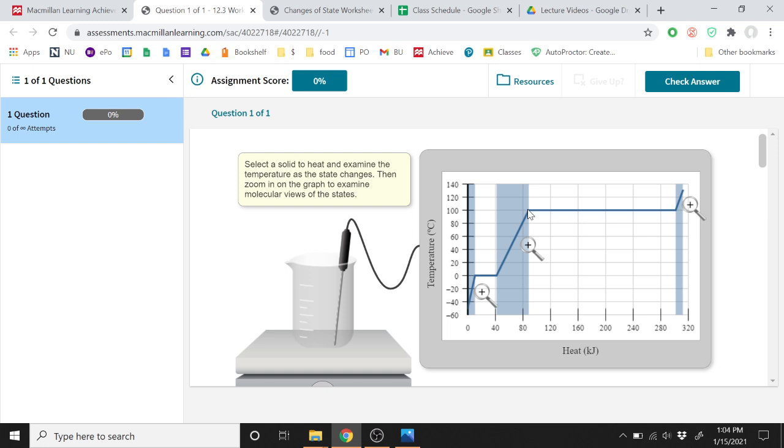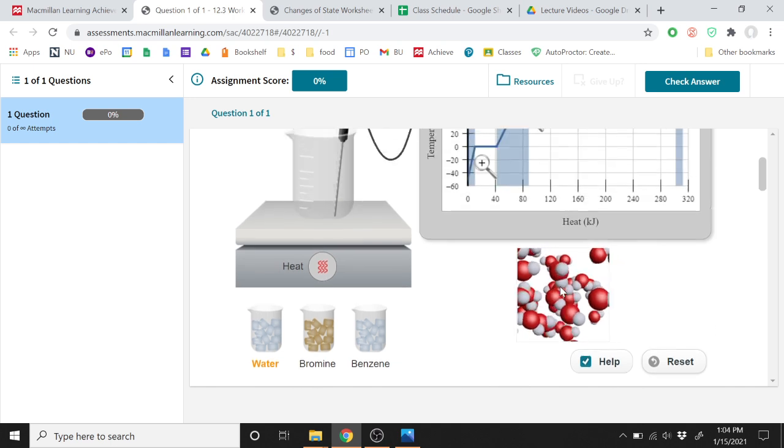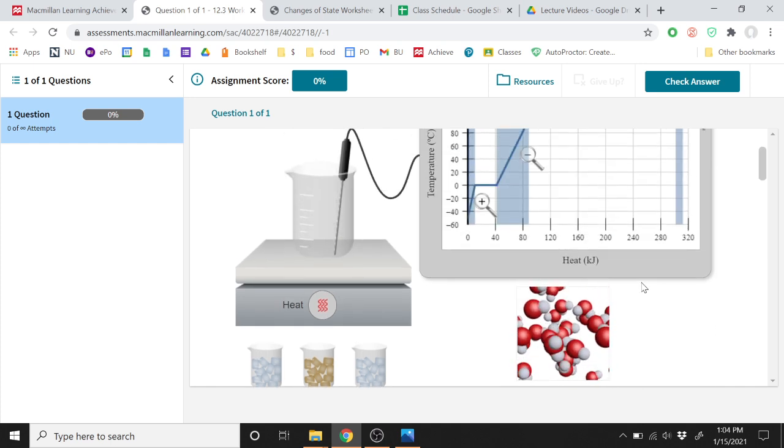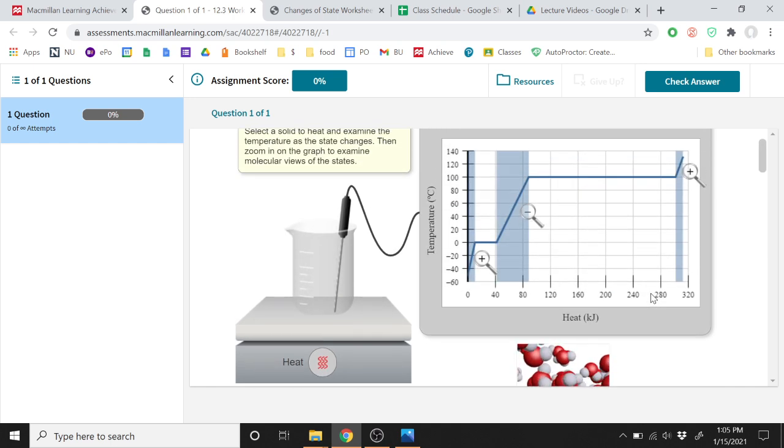That means we're looking at the heating of liquid water from 0 to 100 degrees Celsius, and we're going to use that specific heat to determine this value. And that's, by the way, how you look at the molecules, at least what they would be modeled as during that time.